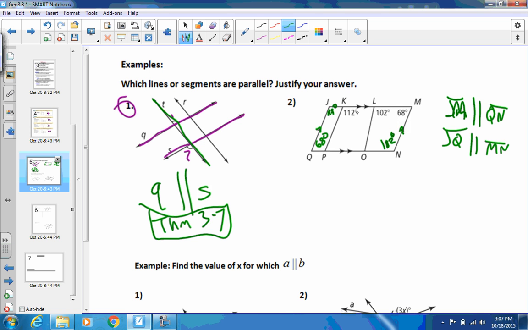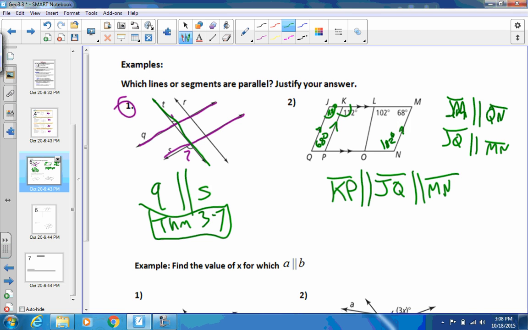And then if we know that, now we have corresponding angles here that are congruent, 112 and 112. So now we know that this line is also parallel. So we can say that KP is also parallel to JQ. It is also parallel to MN.